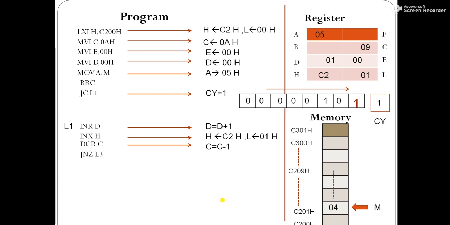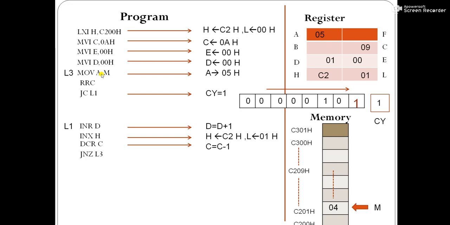We have to continue from MOV A, M. I have given the label as L3, which means jump if not zero, that is, register C is not 0, meaning the zero flag is reset. So we have to go to this instruction, MOV, and repeat the same process.